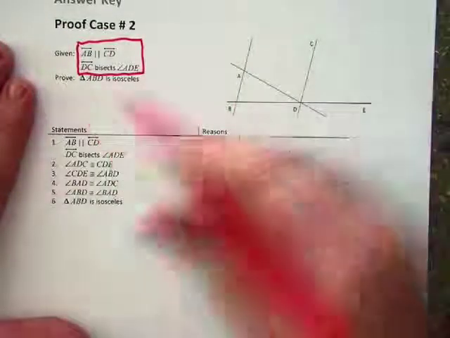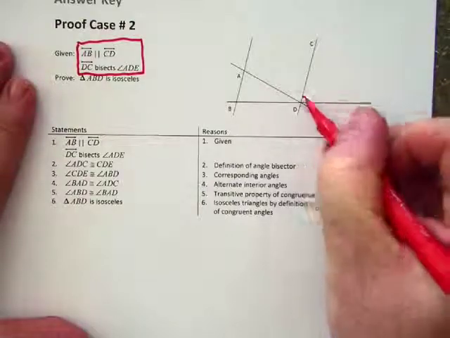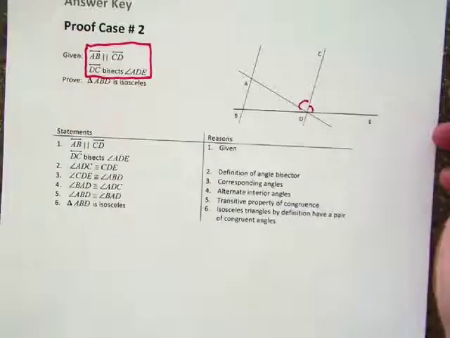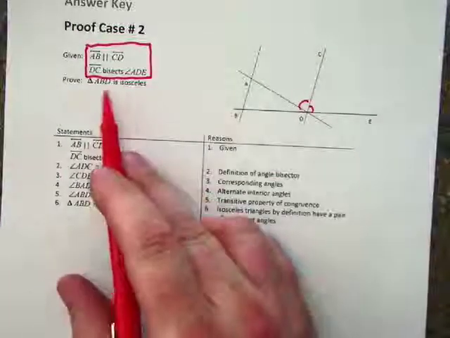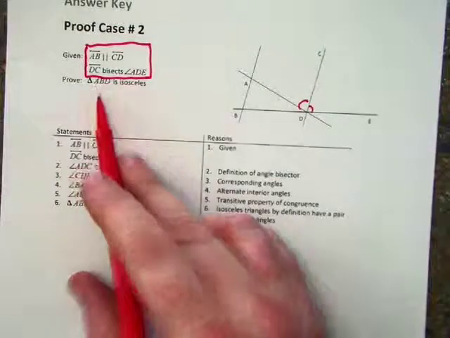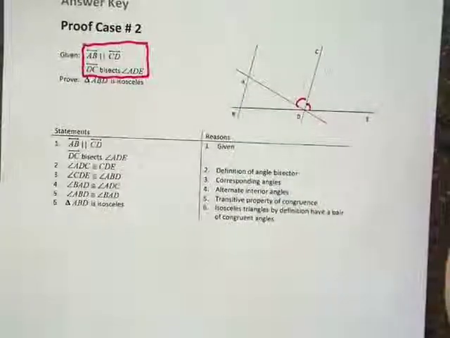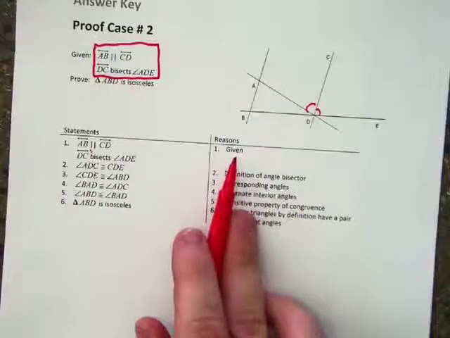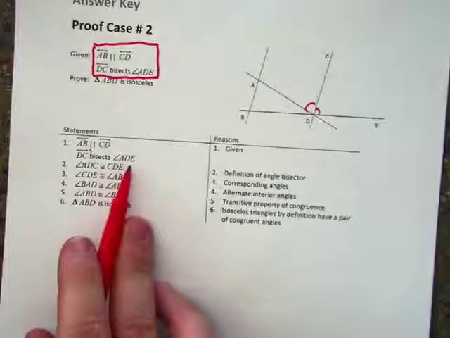Bisecting an angle means that angle and that angle are going to be exactly the same. So now we know what we're saying, and we've got to say, okay, how do we prove ABD is an isosceles triangle? Well, we know that AB and CD are parallel, and we know that DC bisects that angle.